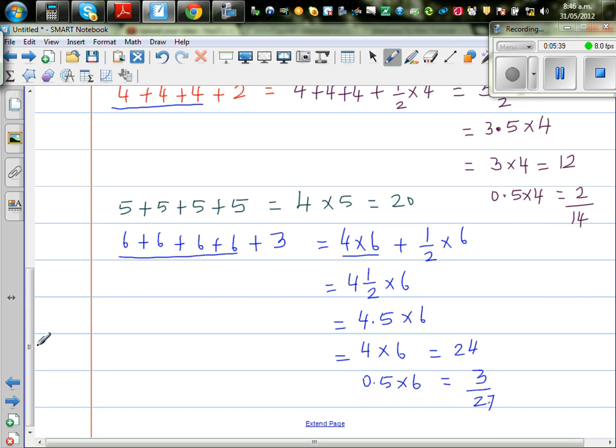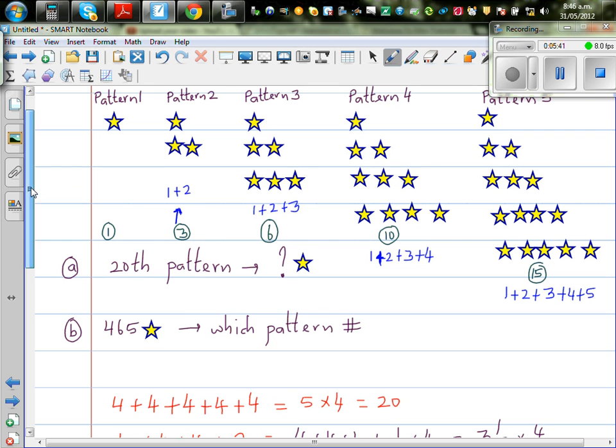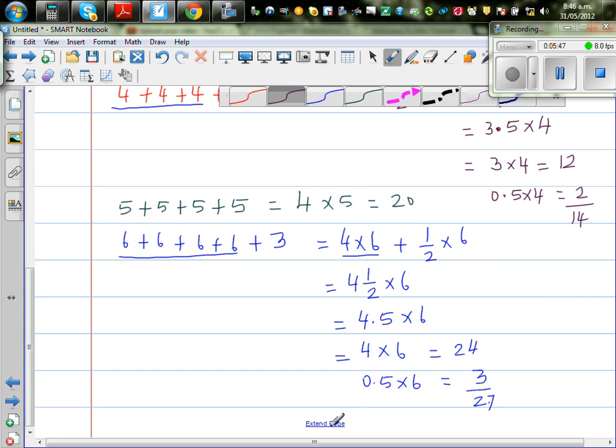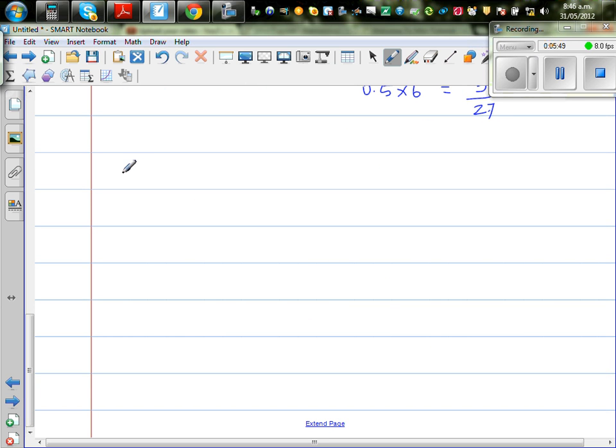Okay, so let me come back to this problem. We're going to write 1 to 5. So let me write 1 plus 2 plus 3 plus 4 plus 5. I want to find this. We can add them, but can we write this as a product of two numbers?